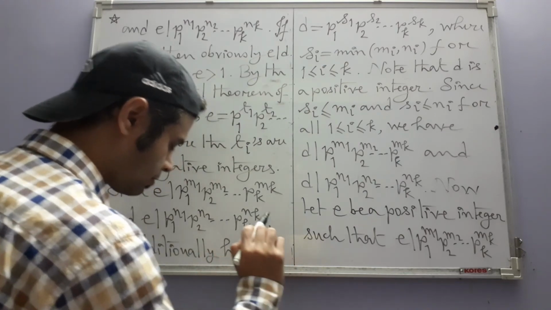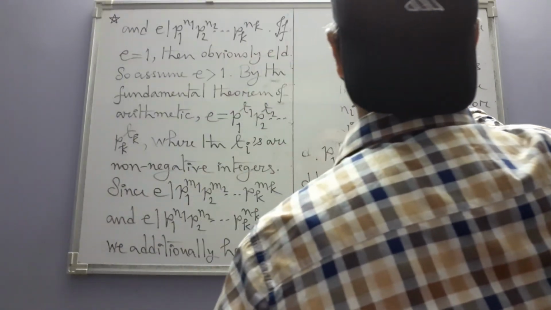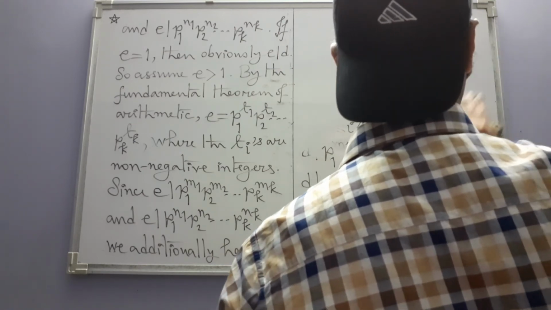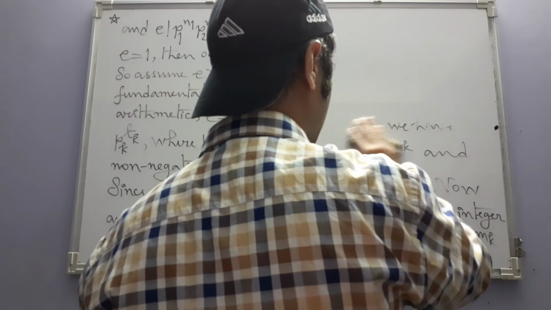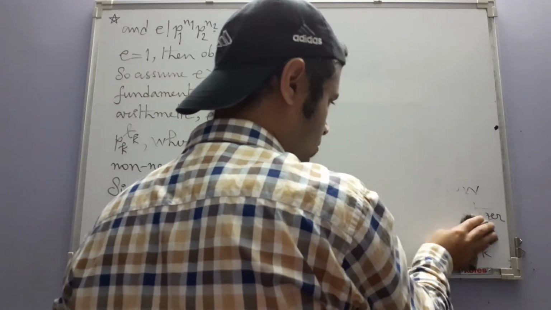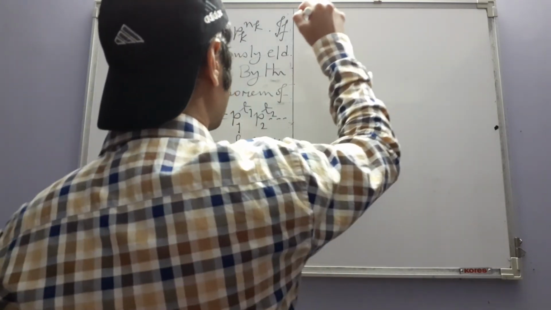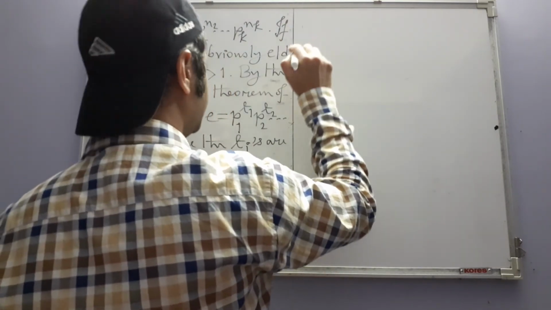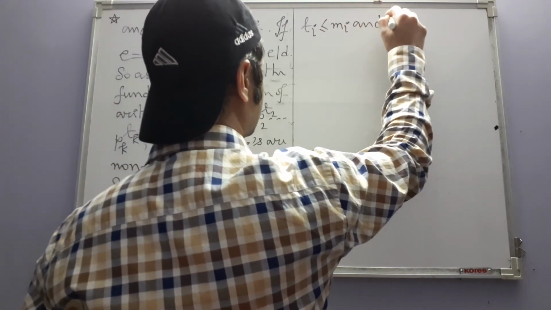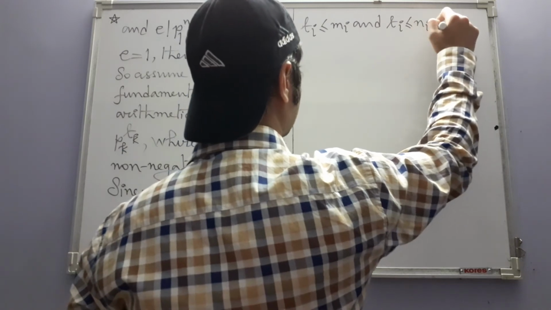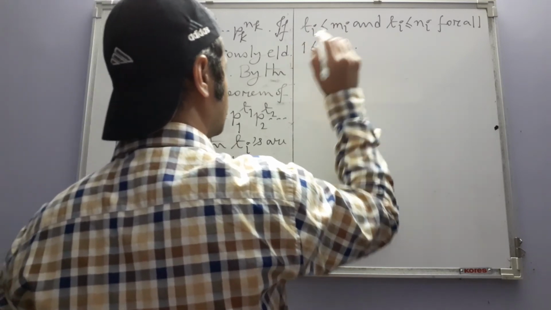We additionally have ti less than or equal to mi and ti less than or equal to ni for all i here.